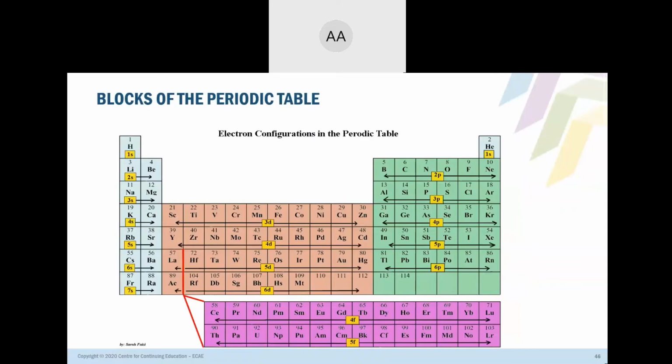You can see which number of shells going from S to P to F are being filled in different trends across. Let me see if you can remember if we're talking about periods or groups there. The different blocks of the periodic table are directly related to the number of electrons in their outermost shell.